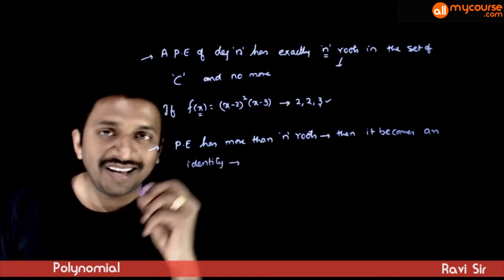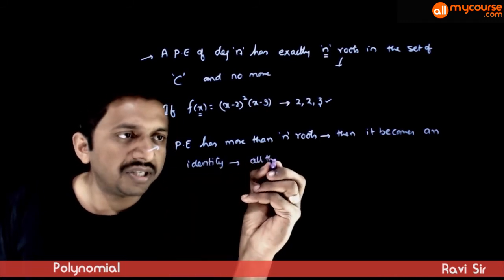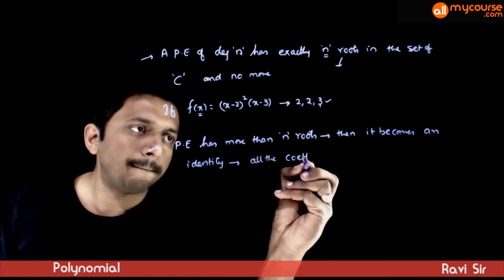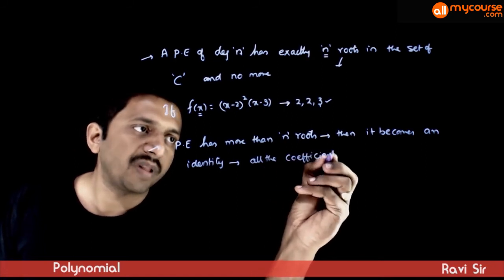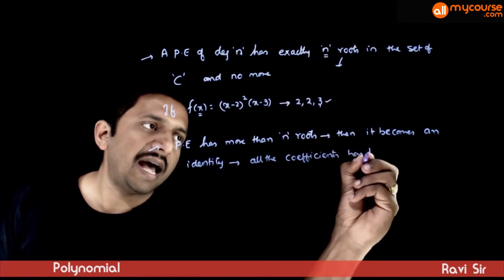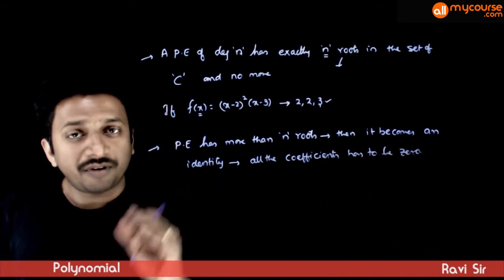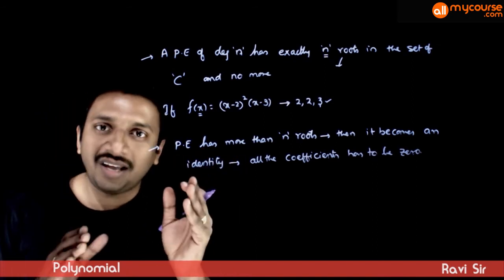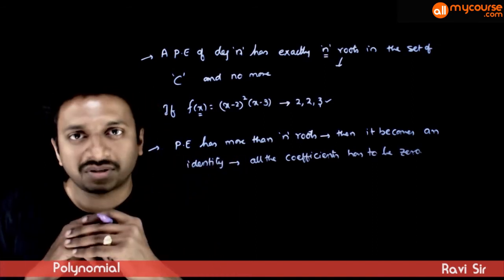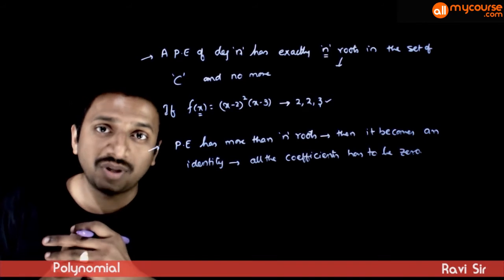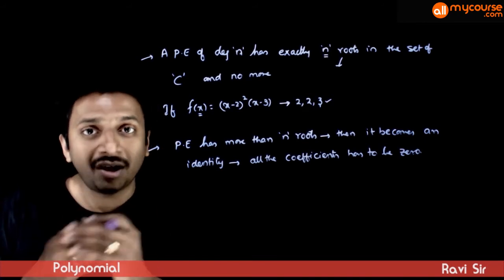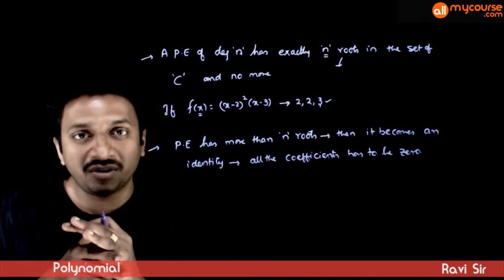That is, all the coefficients have to be 0. So if a polynomial equation of degree n is claimed to have more than n roots, then there is only one option: all the coefficients have to be equal to 0.